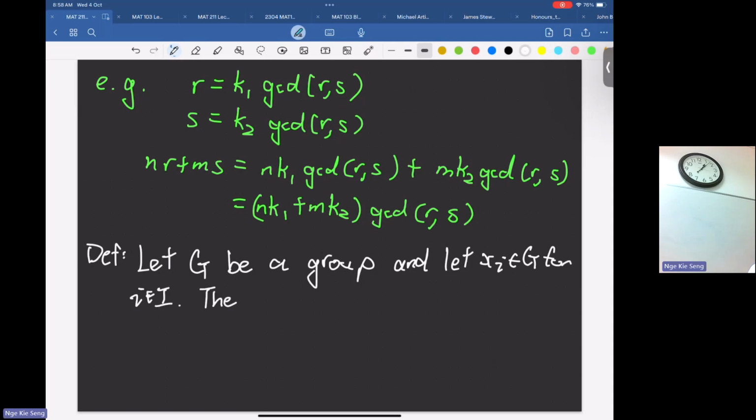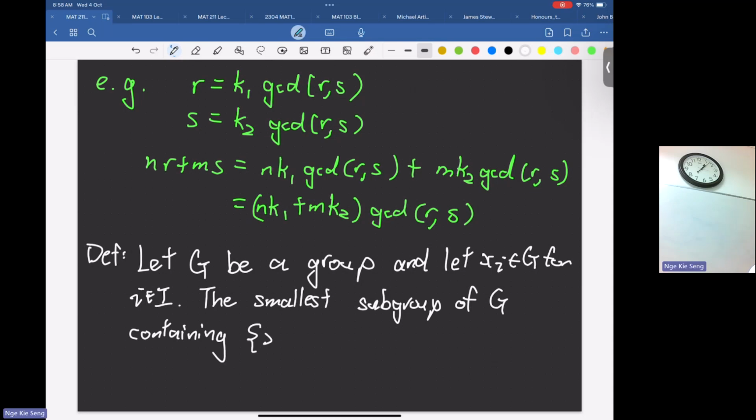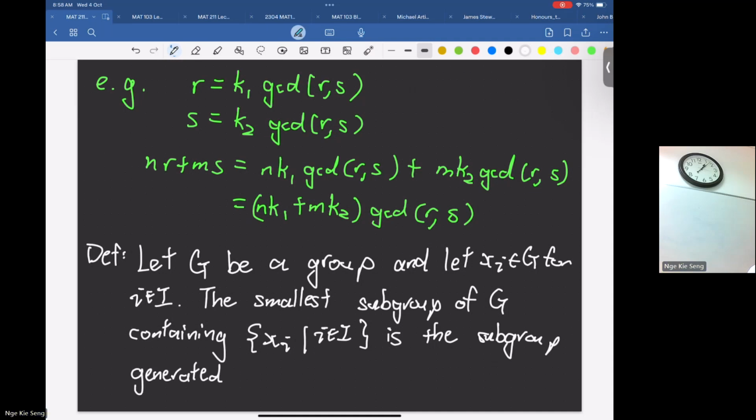Then the smallest subgroup of G containing these elements is the subgroup generated by these elements.